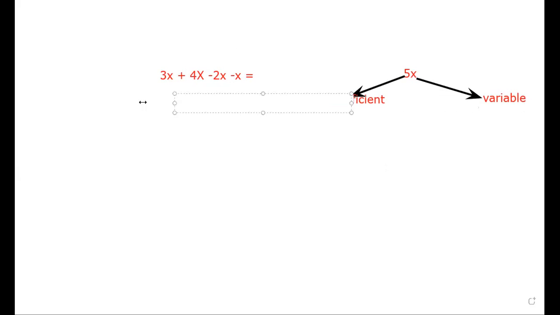Then we can say that all the terms in this expression are x, 3x, 4x, negative 2x, negative x. And for negative x, don't forget that you have a coefficient, and this coefficient equals what? Equals 1. Then here we have 1. Then I want now to add or simplify this one.